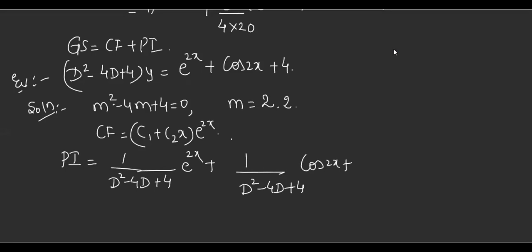Now, what to do with this 4? Because we know for exponential and we know for trigonometric, what to do for 4? In which function format can we change it?